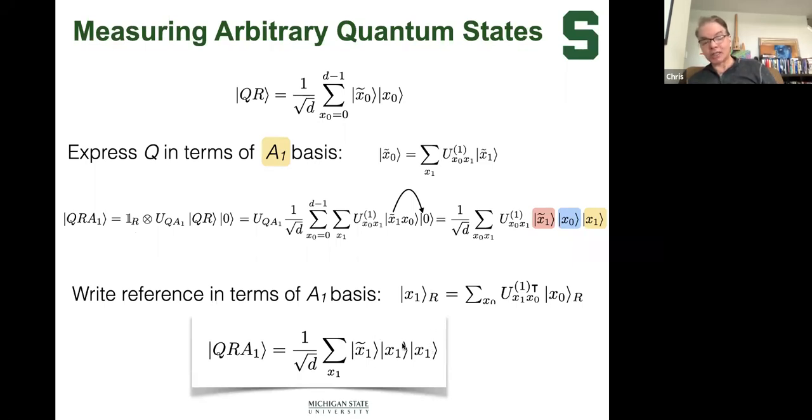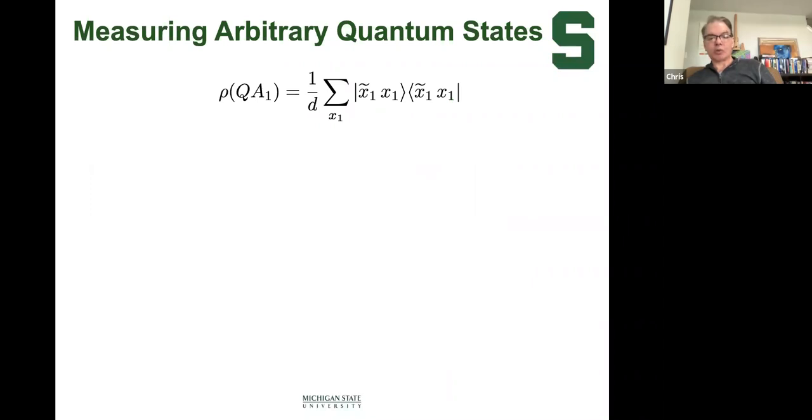Now everything is written in terms of the eigenbasis of my measurement device, right? Because X0 is the basis of the quantum system, X1 is the basis of the measurement device, and the reference, of course, has to take on the same basis as the quantum system. This is also known as the GHZ state, by the way. Great. Now that we have done this, and this is, of course, the color scheme here that you remember: quantum system, reference, measurement device.